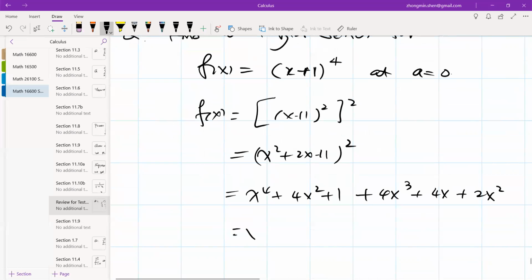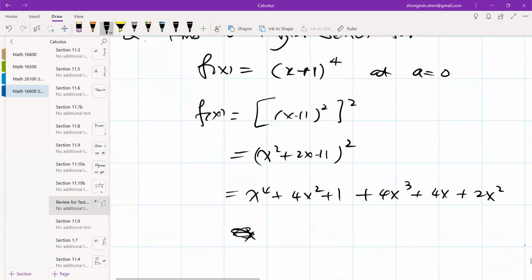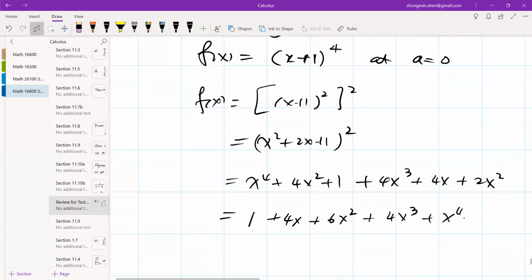Okay, so if I take the constant terms first, you get 1, then the 4x, and x squared, and the 4x cubed, plus x to the fourth. Yeah, this is a polynomial. Great. Okay, so this is a power series representation for the polynomial. The polynomial is a trivial one, right?